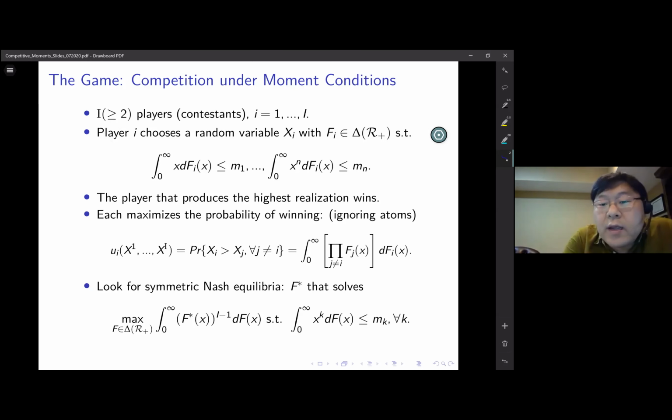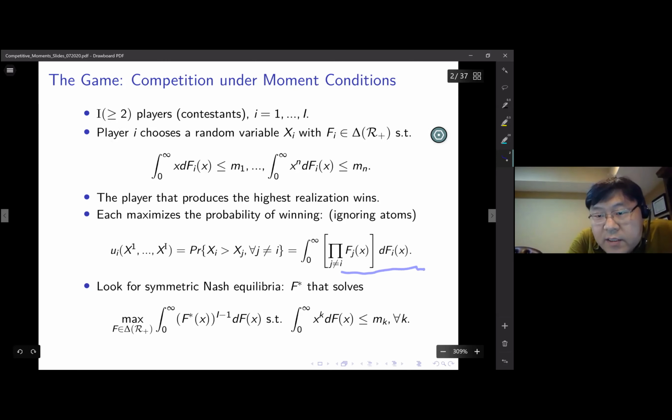In terms of distributions, this is each player's payoff, and the way you read this is that if your realization is X, you win if and only if all other players' realizations are less than X. So this is each player's payoff. In this paper, we focus on the symmetric environment where all the players face the same set of moment constraints.